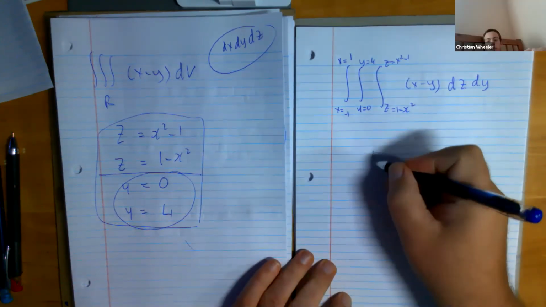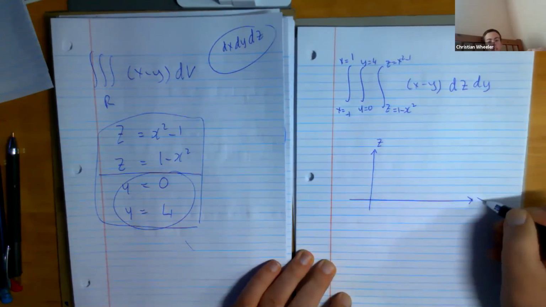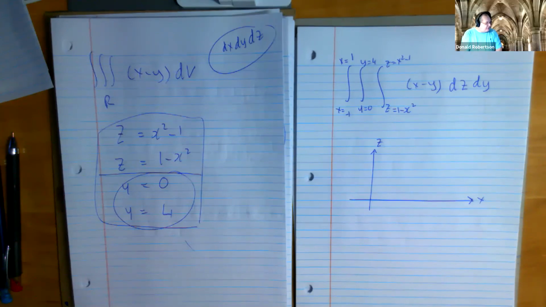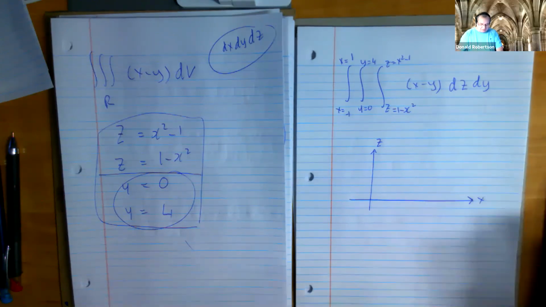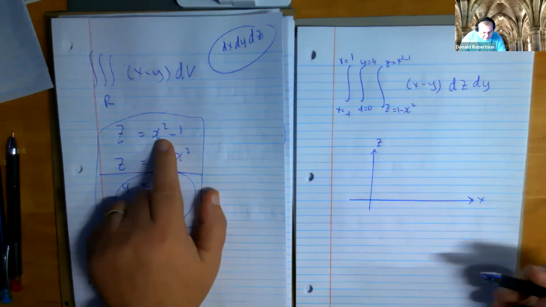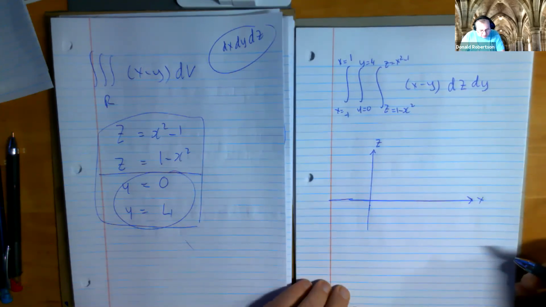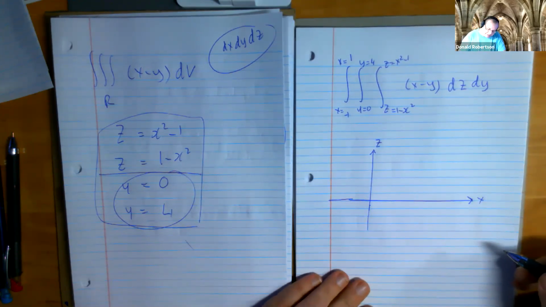So if I draw the x-z axis, I know it's 3D space, but imagine that I just looked at the wall where x and z were. Now, x squared minus 1 looks something like this, if I can draw x squared minus 1 easily.